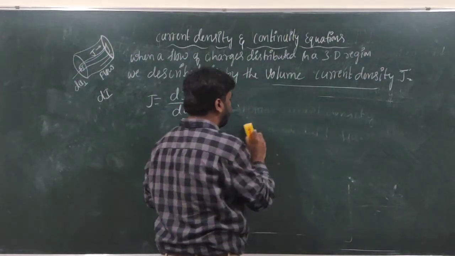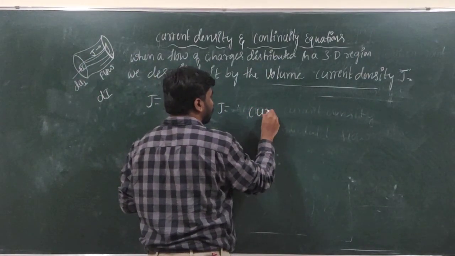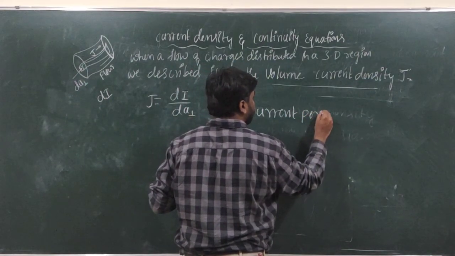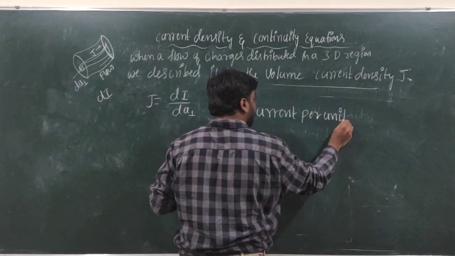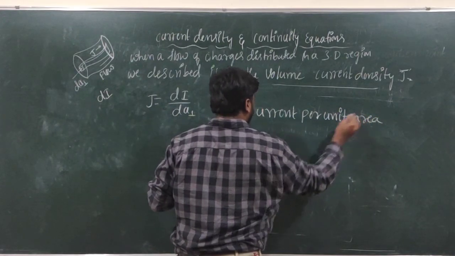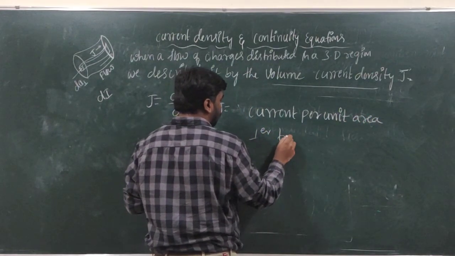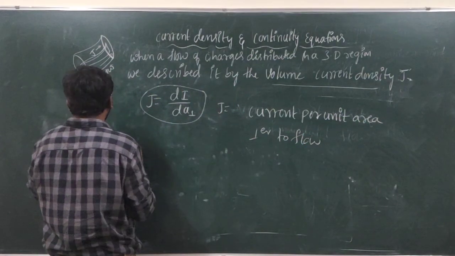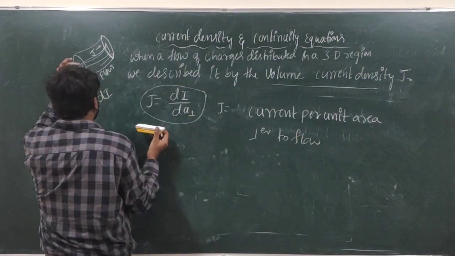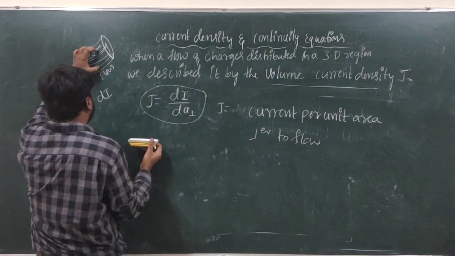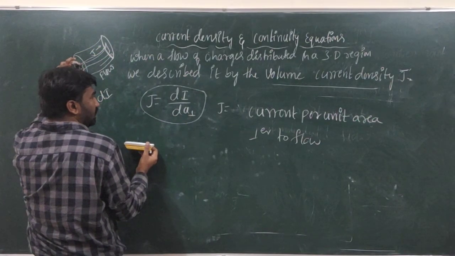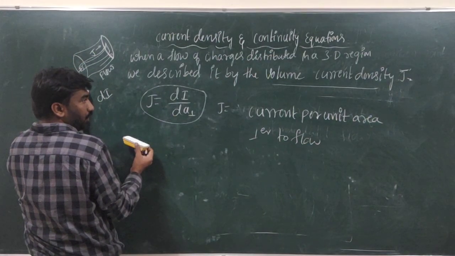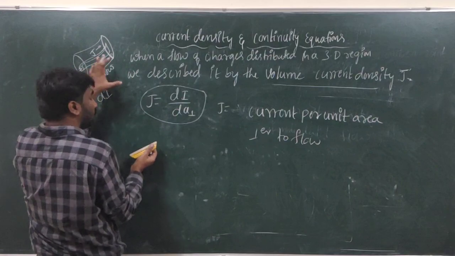We can also write this as current per unit area which is perpendicular to flow. So J is equal to di by dA, a small area, which means J is the current per unit area perpendicular to the flow.